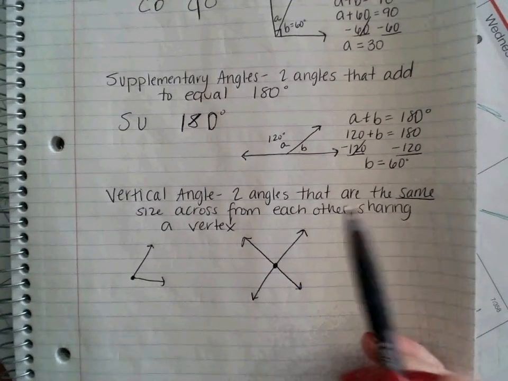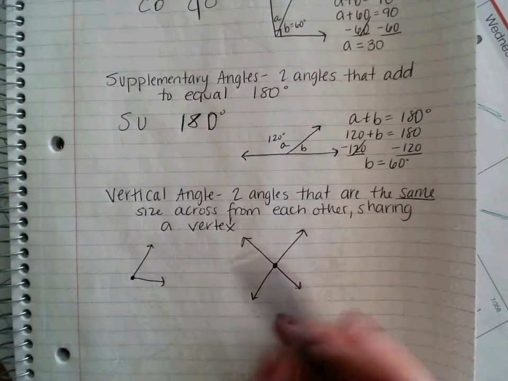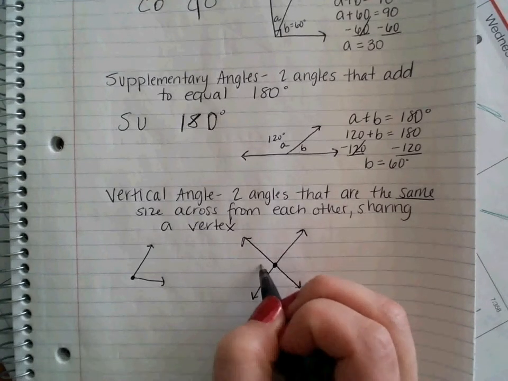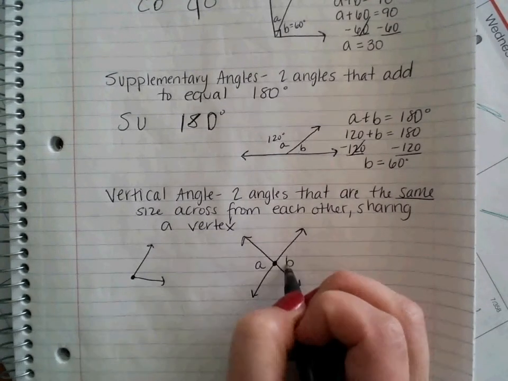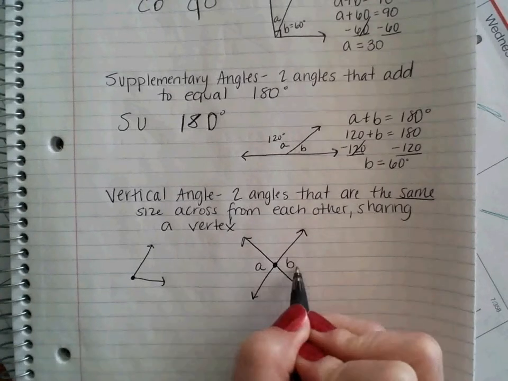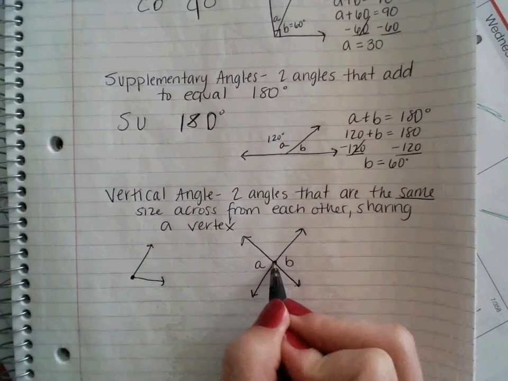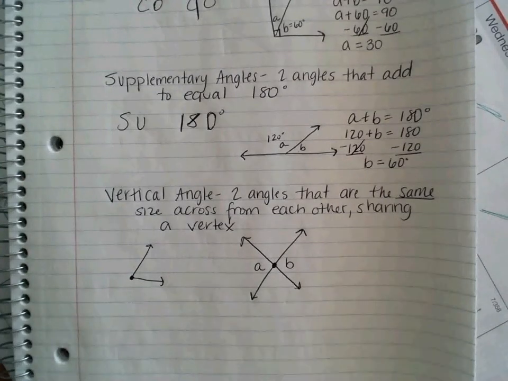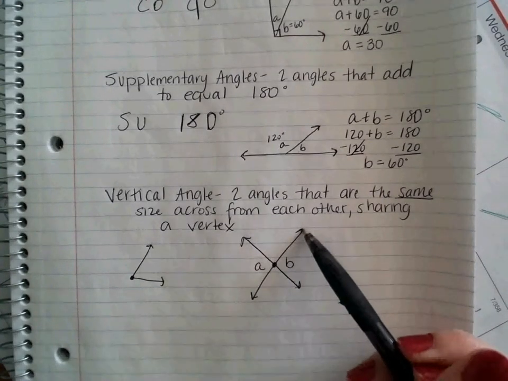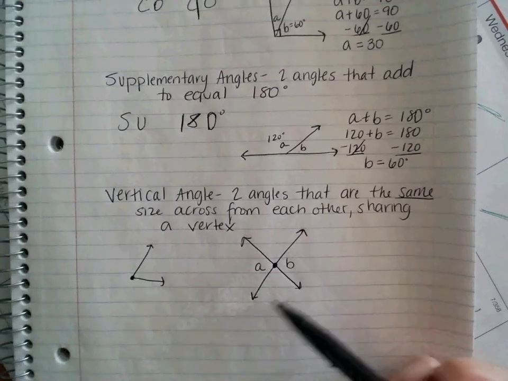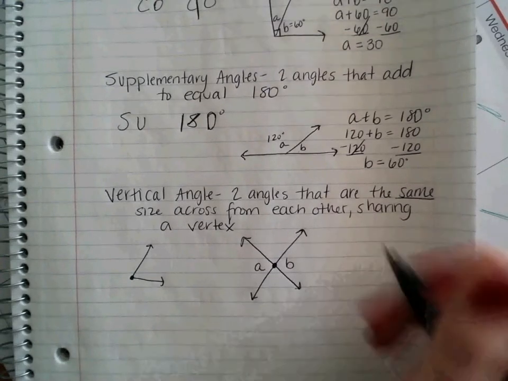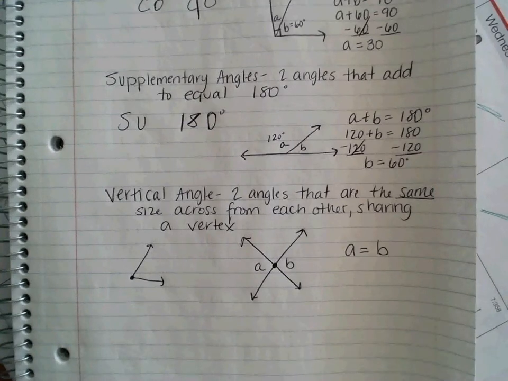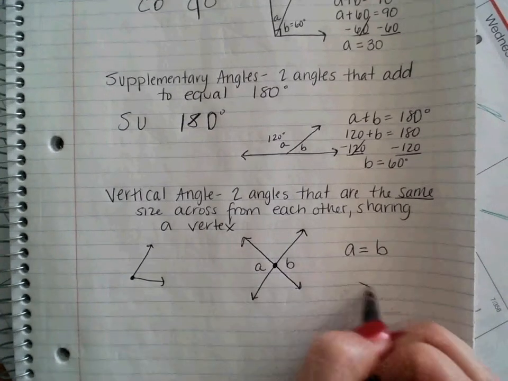So when I'm talking about two angles that are the same size and across from each other, so vertical angles are like A and B. So these are across from each other on straight lines. They share a vertex and they are the same size. Generally, you are going to see a vertex drawn like this, and then you're going to have to solve, well, A equals B. They are the same size.